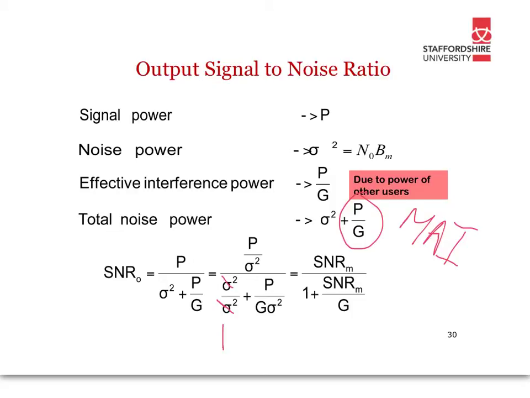P over sigma squared is the signal to noise ratio of the message. So we can further reduce this equation down to SNR of M divided by 1 plus SNR of M over the spreading gain, or G. We need to remember this for later use.